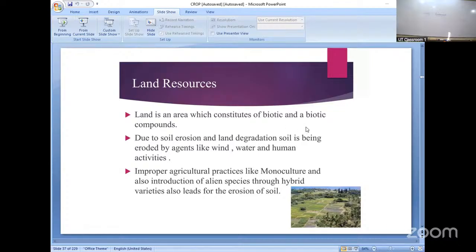Land, as we have discussed earlier, has constituents of biotic components, right? Due to soil erosion, land degradation, it is being eroded by wind, water, human activities, and improper agriculture practices like monoculture and hybrid varieties. All these lead to erosion of the soil, which is harming the land.